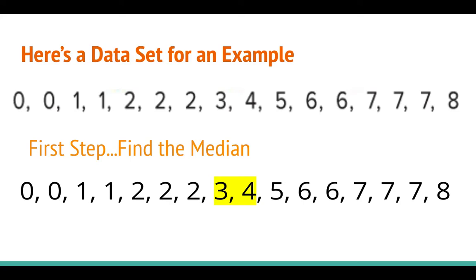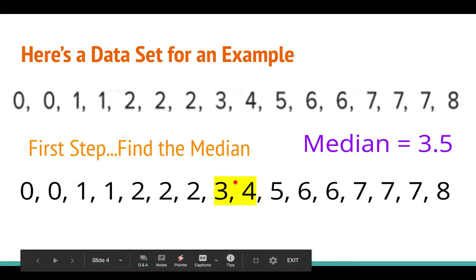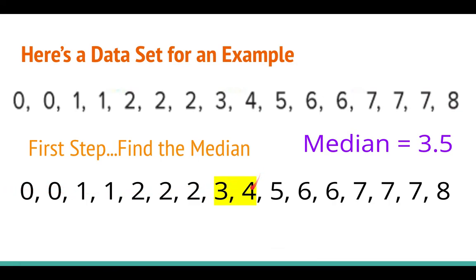You'll notice there's 2 numbers in the middle because it's an even data set, 3 and 4. So the median would be you splitting the difference and coming up with 3.5. It's a halfway point. What I want you to notice is if the halfway point is here, there is a series of numbers less than that and a series of numbers greater than that.